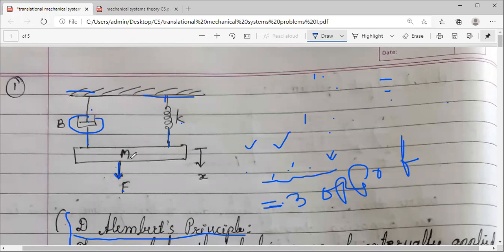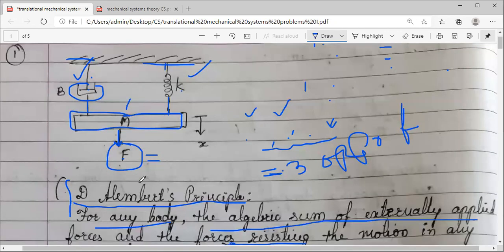Force is applied on this body of mass M. So three elements are there. Externally applied force is F, and this is equal to all the opposing forces, including the force due to the mass M, because the mass itself will oppose the applied force. So how can we write the equation?